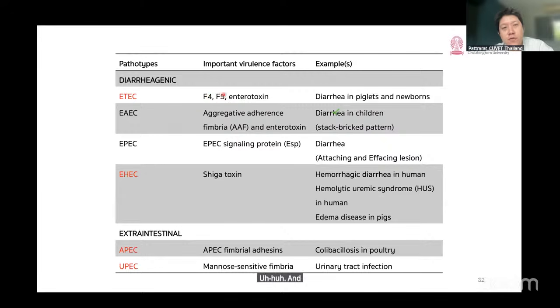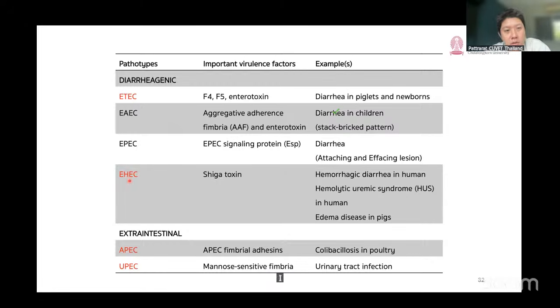And F4 and F5 fimbriae are specific to the intestinal lining of piglets and newborns. Only piglets. This is the age specificity, and they cannot attach to mature pigs. After the attachment and adhesion, they can produce enterotoxins to cause diarrhea in piglets and newborns. This is a pathotype of E. coli, ETEC.